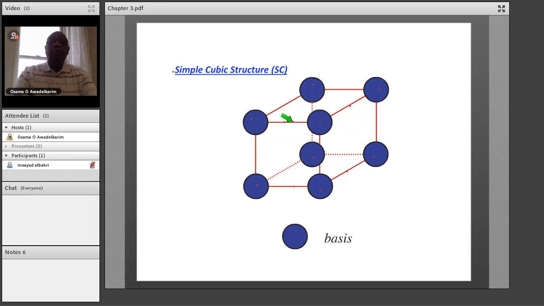To create a large single crystal, you just have to translationally reproduce this unit cell. So this structure is very important. It's called the simple cubic structure, SC, where we have one atom. Let's think of the core as only one atom to make life easy. We have one atom at each corner. This atom is what we call the basis atom.